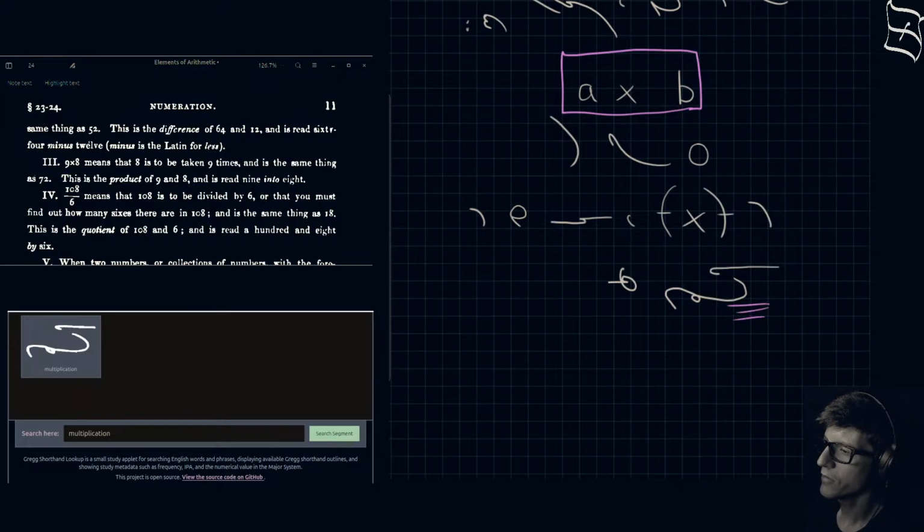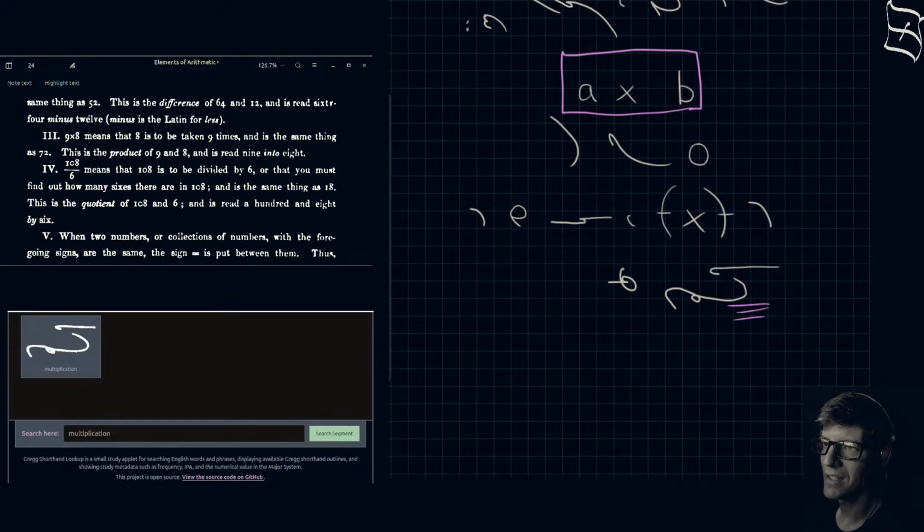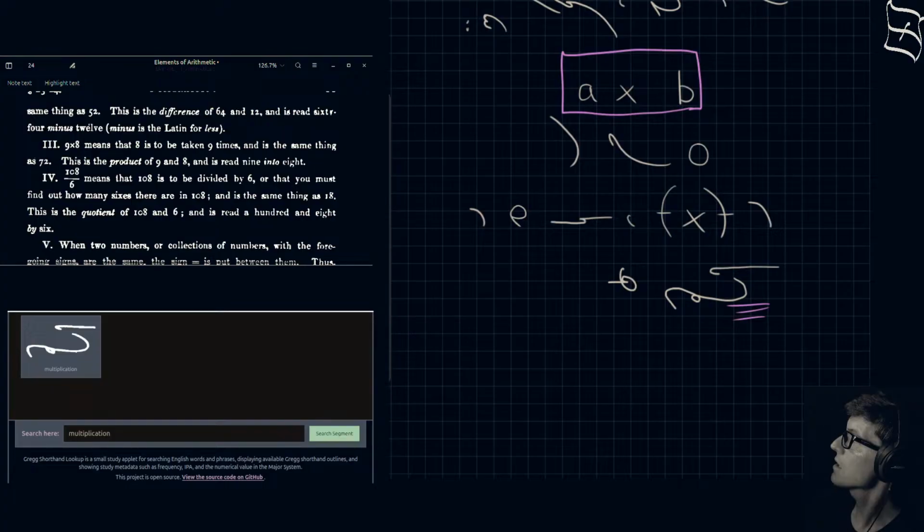I know this is not from De Morgan, but I'm going to leave it in. It's 9 into 8 in number 3, as you see, and is read 9 into 8. But here it would be A into B, A into B, okay?